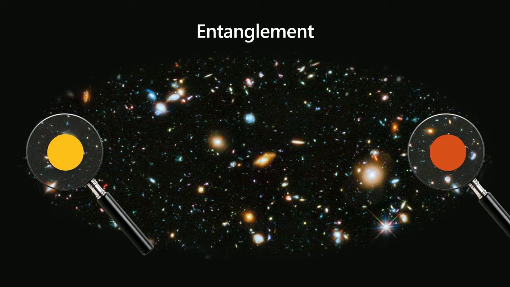And when I measure, it forces the other one to collapse into either a 0 or 1 based off of this one. If there's a 1/3 chance that this one's red, and a 2/3 chance that it's yellow, and I measure this one and it's red, the other one's going to be yellow. Just guaranteed. It's not going to be like I measure the other one and it's still 1/3, 2/3. It's going to come out with the answer as defined by whatever I measured on the other side. So that is the bizarre Einsteinian conundrum of entanglement.